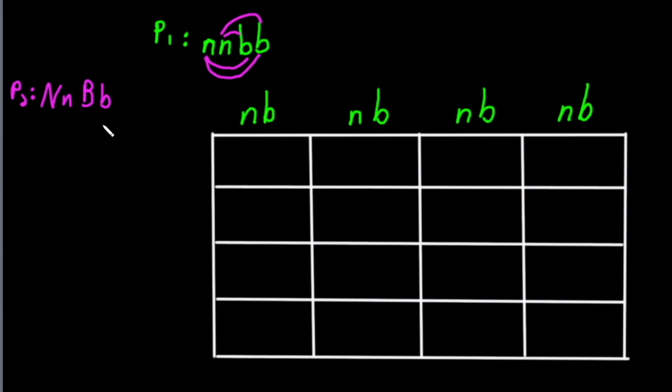Now, on the other hand, again making our FOIL combination: capital N with capital B, capital N with lowercase b, lowercase n with capital B, lowercase n with lowercase b. In this case we don't put the capital first because we want to preserve the trait order.